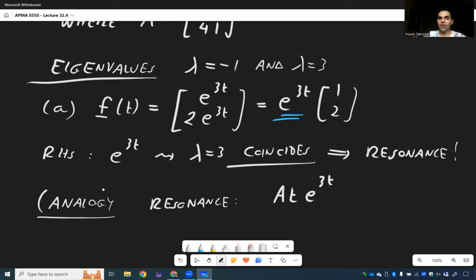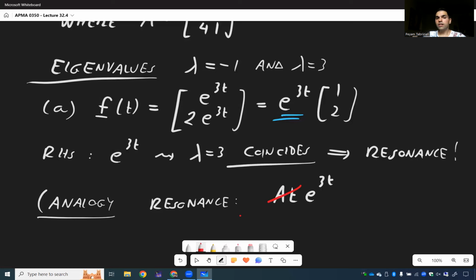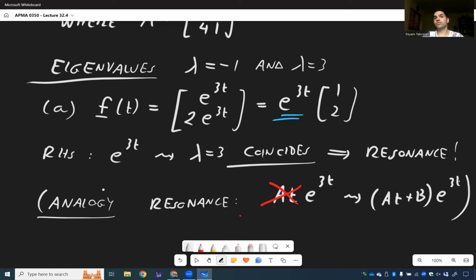Now, it turns out for systems, it's not quite correct. So the correct guess here would not be at e to the 3t, but at plus b e to the 3t. You can try it out. If you just do at e to the 3t, you wouldn't be able to solve for it. You really need at plus b.